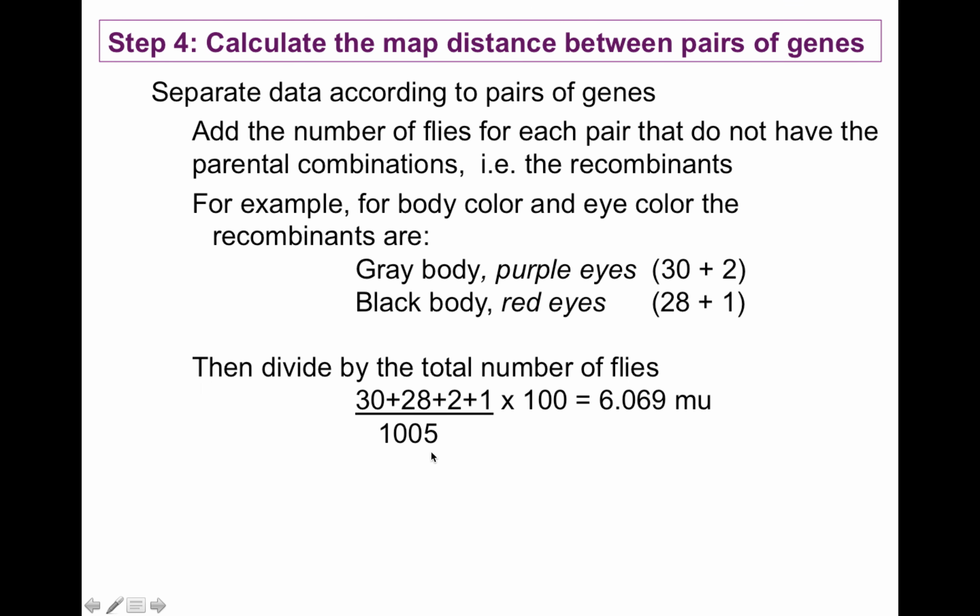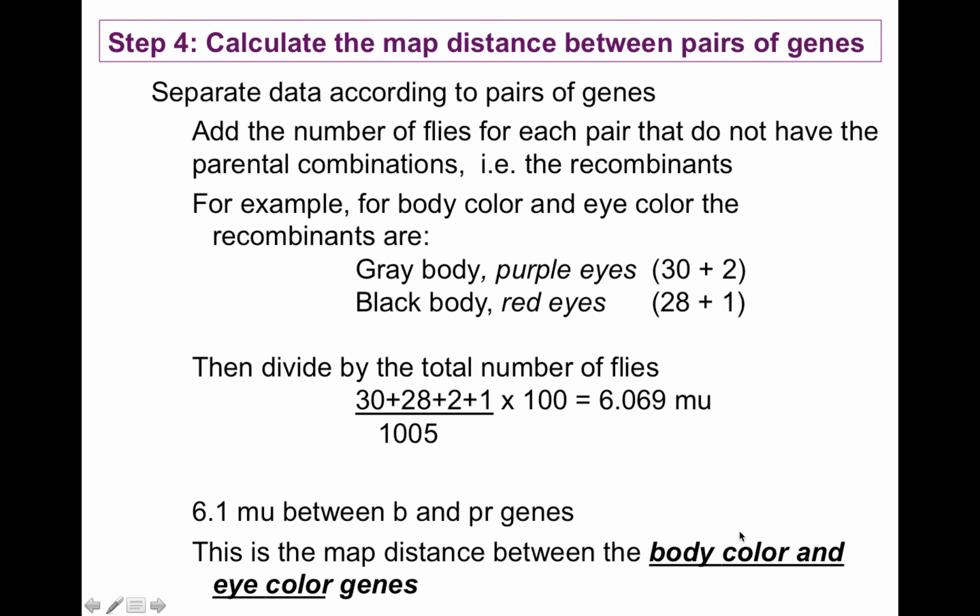We divide by the total number of flies, multiply by 100, and we get 6.069 map units or 6.1 map units that are between the B and the PR genes. This is the map distance between the body color and eye color genes.